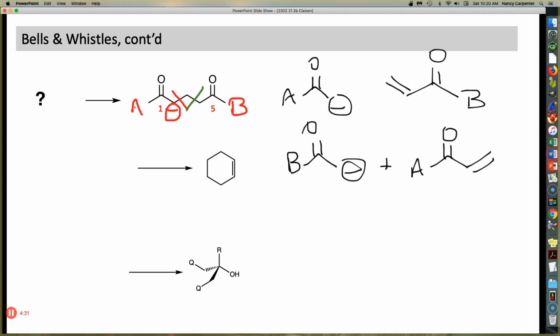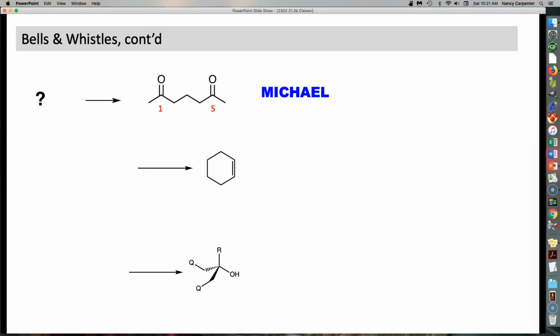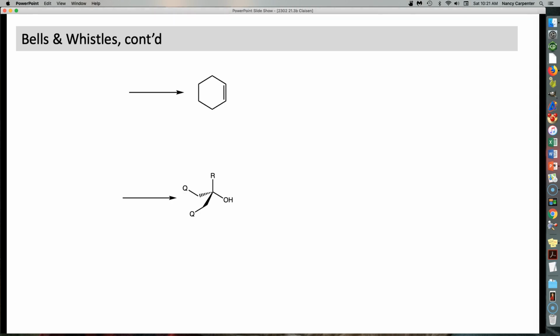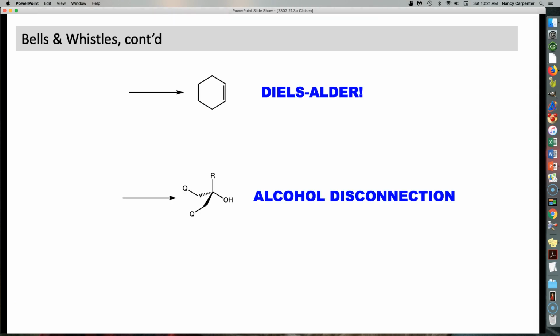So, play with your disconnections. I'll give you some practice problems to deal with, but remember, these are all pretty standard hints for synthetic disconnections. Now, before I move on, let's just point out that in this particular alcohol, I'm seeing that I have two groups on my tertiary alcohol that are exactly the same.